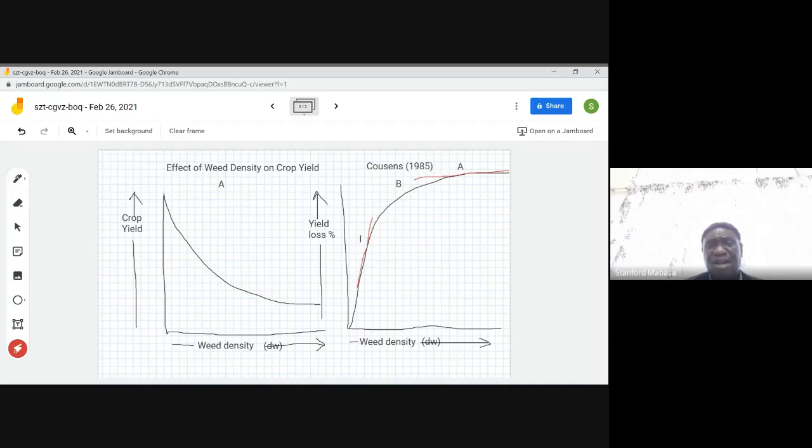Now, Cousins proposed a relationship linking the yield loss to these two parameters, maximum yield loss and the slope.